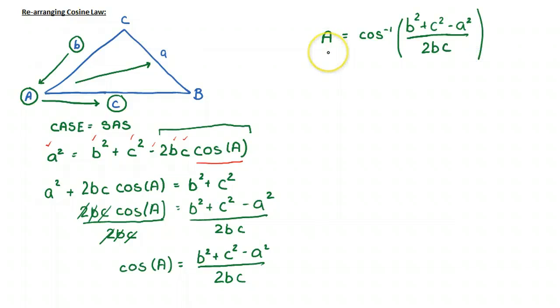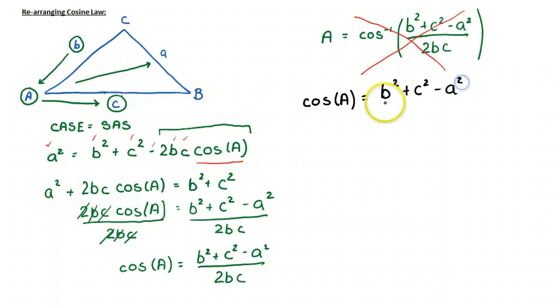And they'll say, okay, now I've isolated for a. Though this is valid, people often don't do this. What people often do is they leave the cosine law in the form cos of an angle is equal to, in our case, b squared plus c squared minus a squared over 2bc.